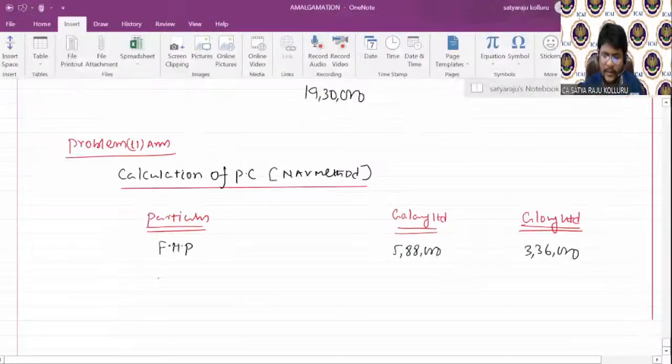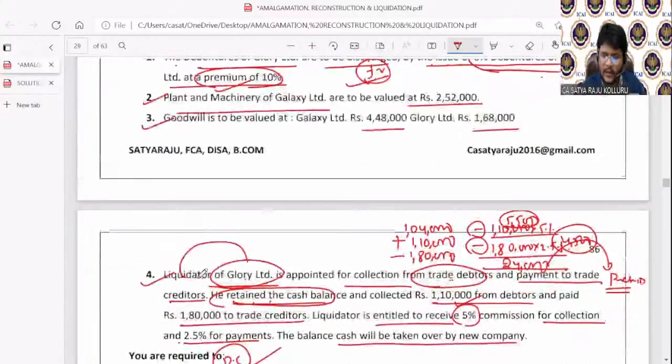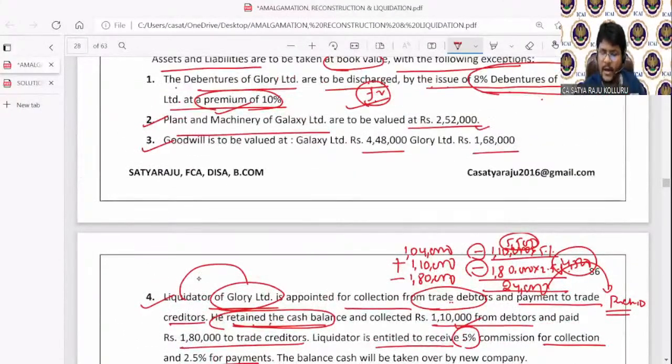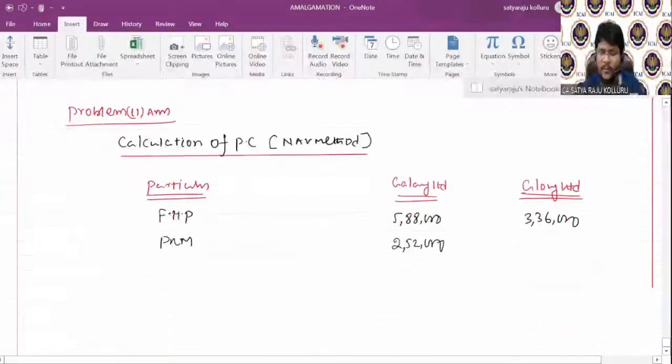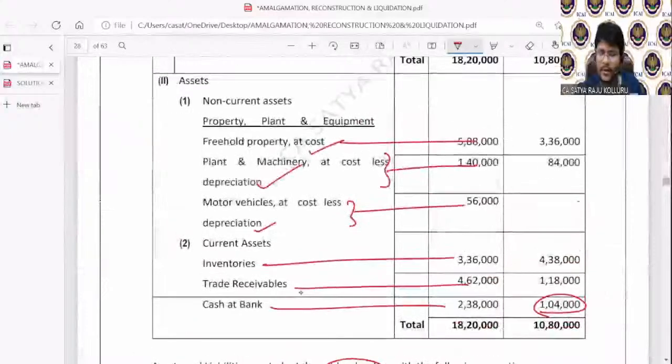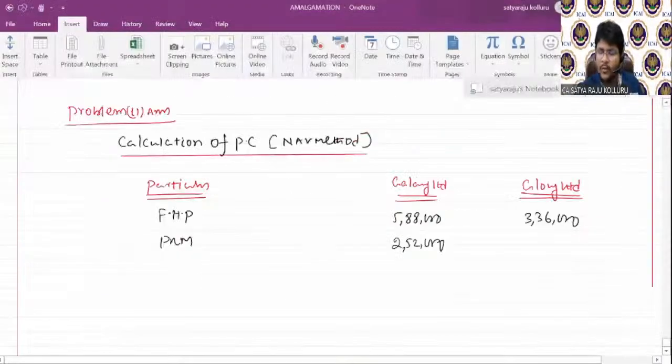After that, plant and machinery. If you check here, plant and machinery of Galaxy Limited are to be valued at 2,52,000. In the case of NAV method, the formula is assets taken over at agreed value. So if an agreed value is given, you need to consider the agreed value. But plant and machinery of Glory Limited is considered at book value only, that is 84,000.